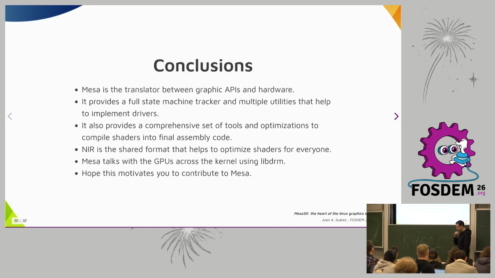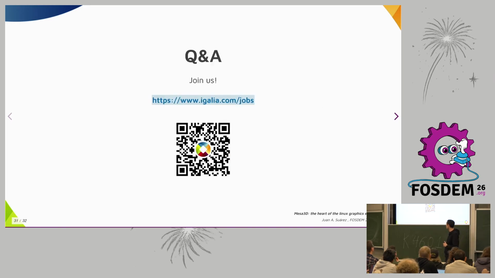NIR is the common language used for mostly all the drivers nowadays. And then all the work submitted to the GPU goes through libdrm. Okay, so I hope you now have a better idea, not deep, but at least some idea of what happens behind the curtain with Mesa, and I hope that you can start to contribute to Mesa if you are not doing that. And that's all.